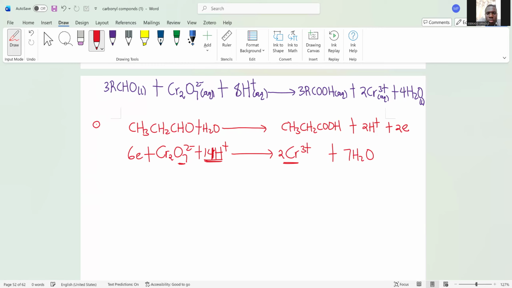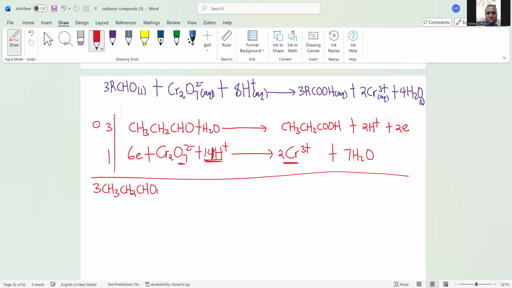To ensure that electrons cancel out in both equations, I multiply the first equation by 3 and the second equation by 1. Therefore, adding the 2 equations, we shall have 3 CH3CH2CHO, plus Cr2O7, that is 1.